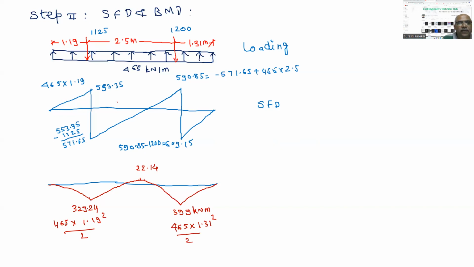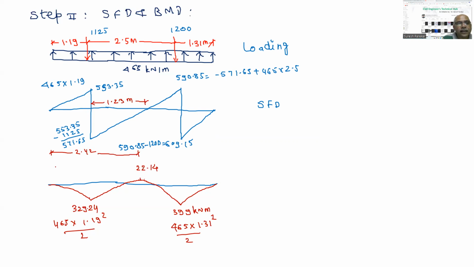This is 1.23 meters. And therefore you can find this 1.19 and 1.23. We have this total value 2.42. And by using this value, we are in position to find this bending moment.